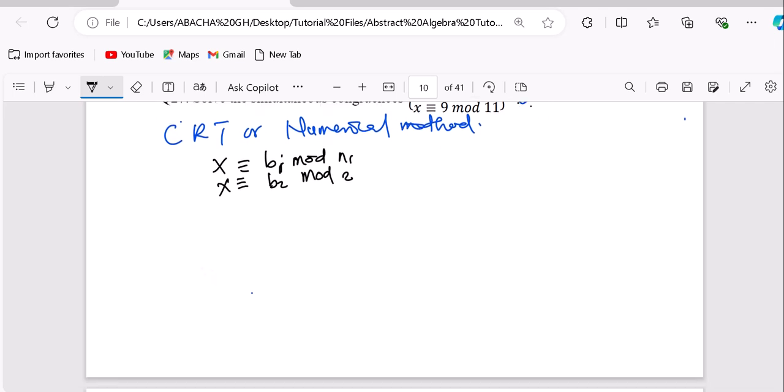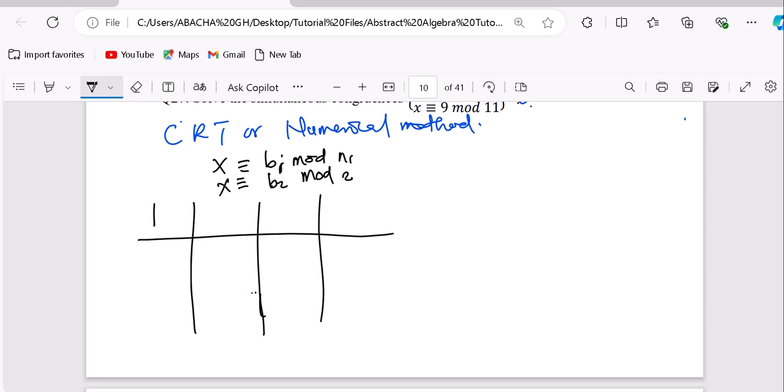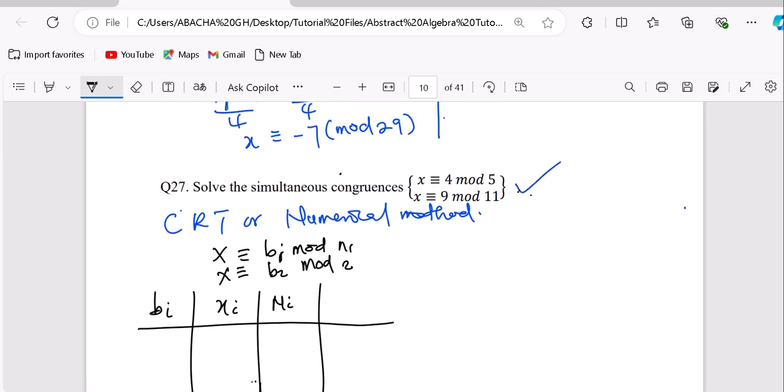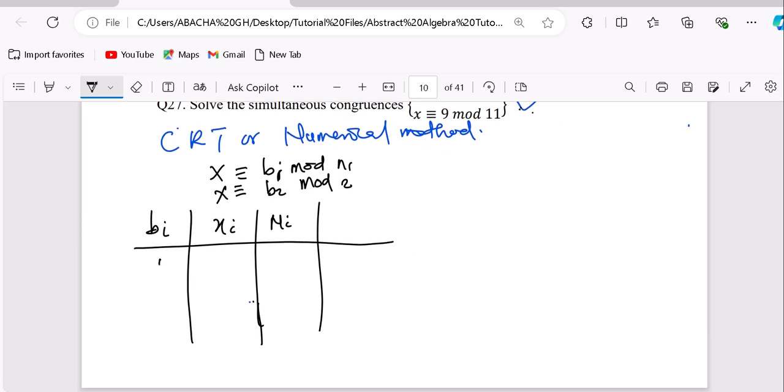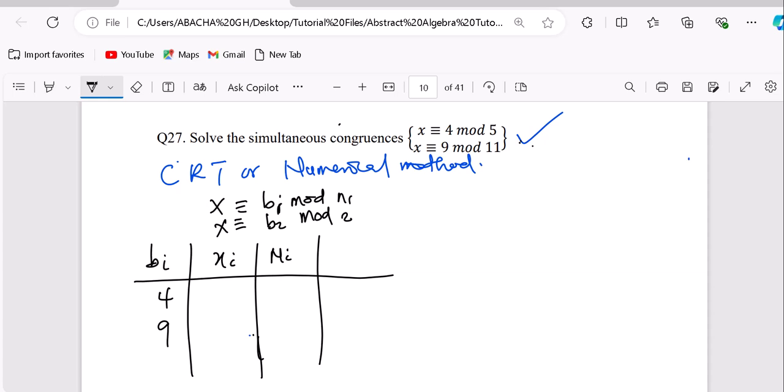And so we have a table that we use, so I'm going to draw the table down here and label the headings. Our bi's come here, our xi come here, our ni's come here. Now our b's are our remainders, so we have two remainders, which are 4 and 9. Our x's we don't know yet.